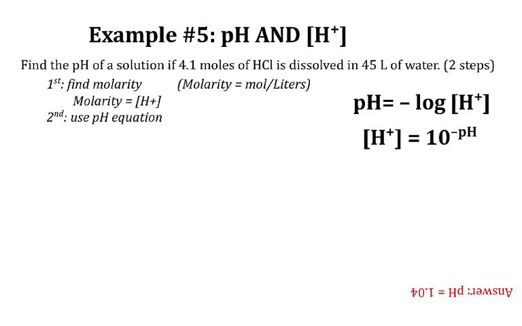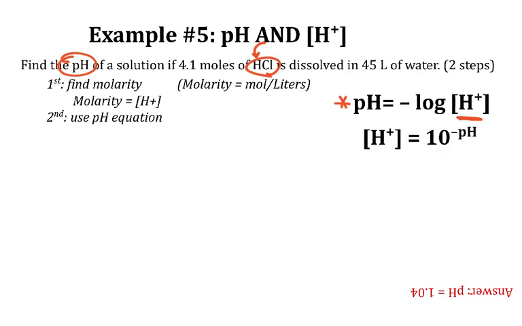All right, example 5. This one is kind of a 2-step. Find the pH of a solution if 4.1 moles of hydrochloric acid are dissolved in 45 liters of water. Well, in order to find pH, we need to have a concentration of hydrogen ions. We know that there are going to be as many hydrogen ions as there are HCl's.